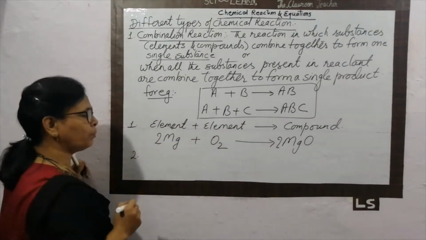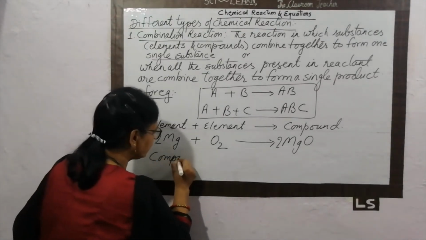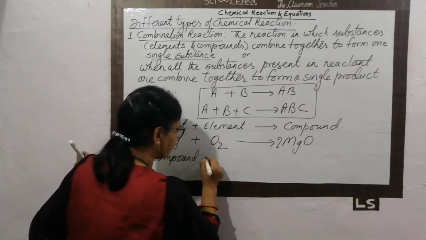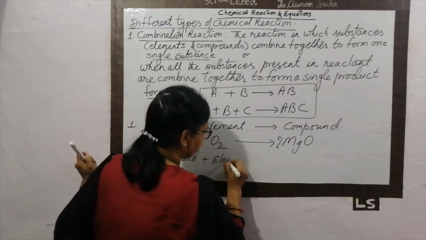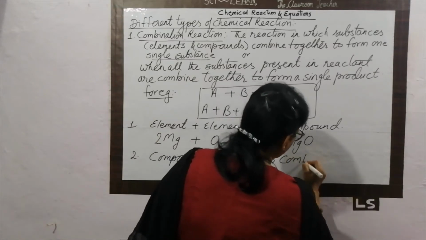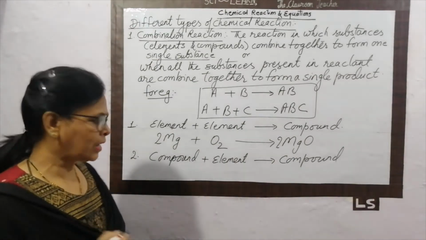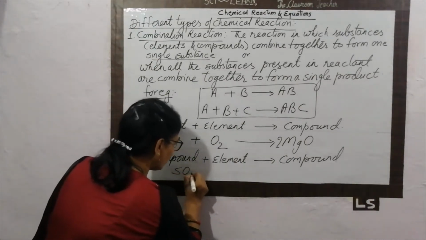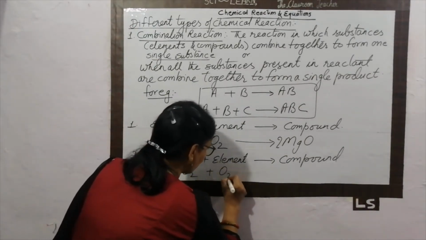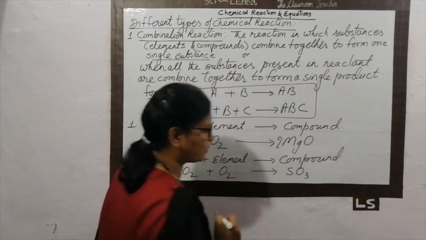One more type of combination reaction is when a compound combines with an element to form, definitely the product is always a compound. For example, sulfur dioxide combines with oxygen to form sulfur trioxide.